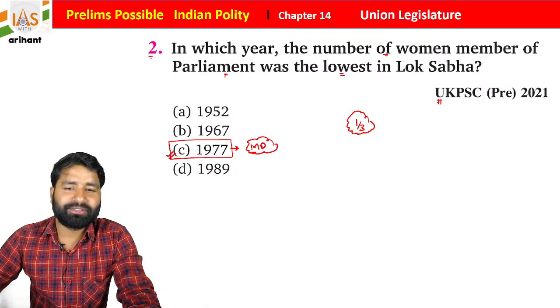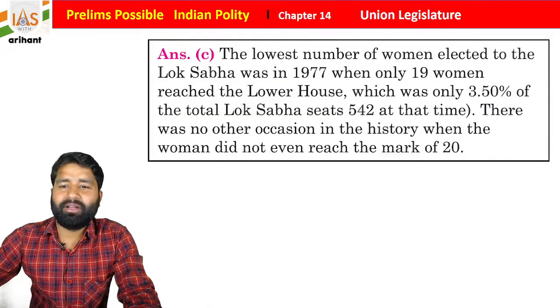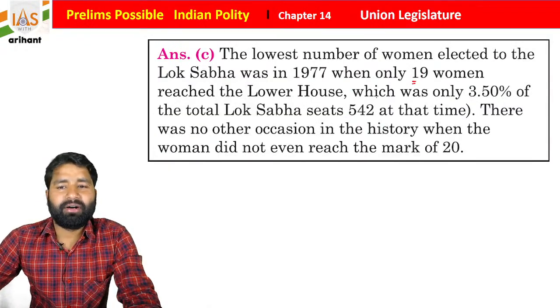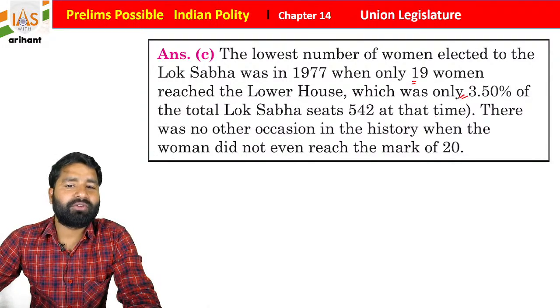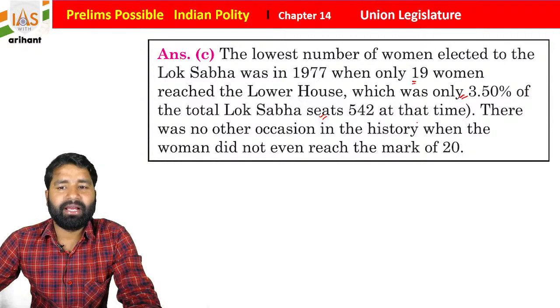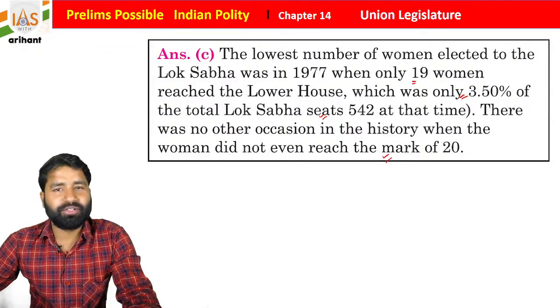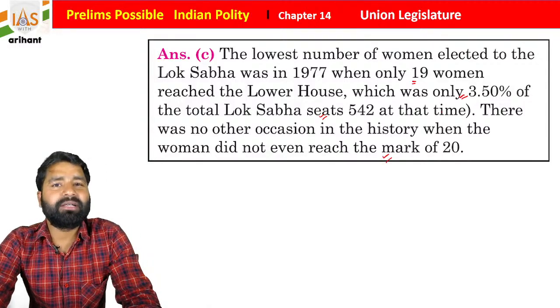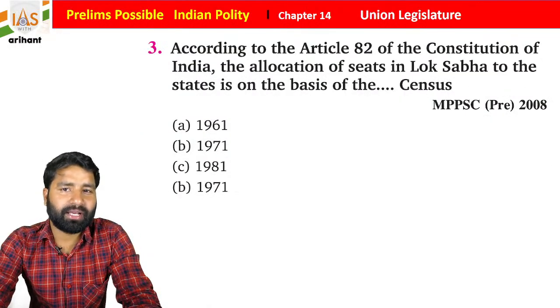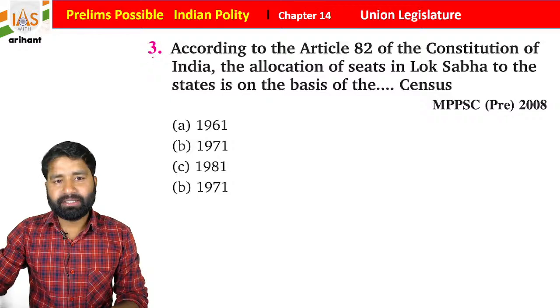And this time, the number of women members in parliament was the lowest, only 19 women, which was only 3.5% of the total Lok Sabha seats. Otherwise it is always more than 20, but for that time, only 19 women were elected as members of parliament, Lok Sabha. I hope you are all getting it. Easy, everyone.